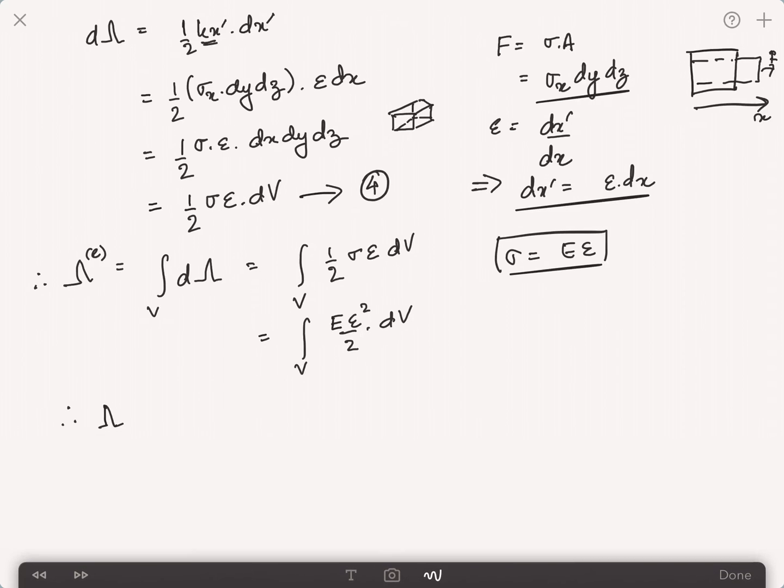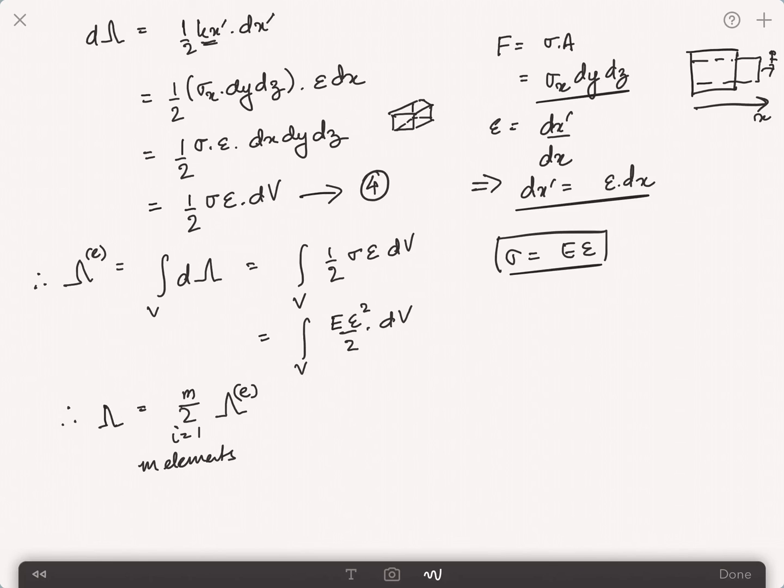So the total strain energy of the system will be written as a summation of the strain energy of every element, which runs from 1 to m if there are m elements in the system. Okay, so that is the derivation of the strain energy of the system.